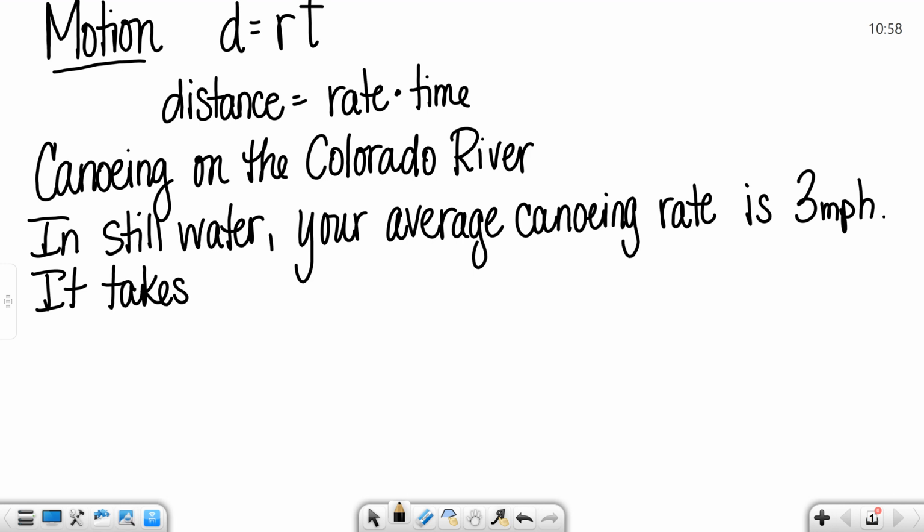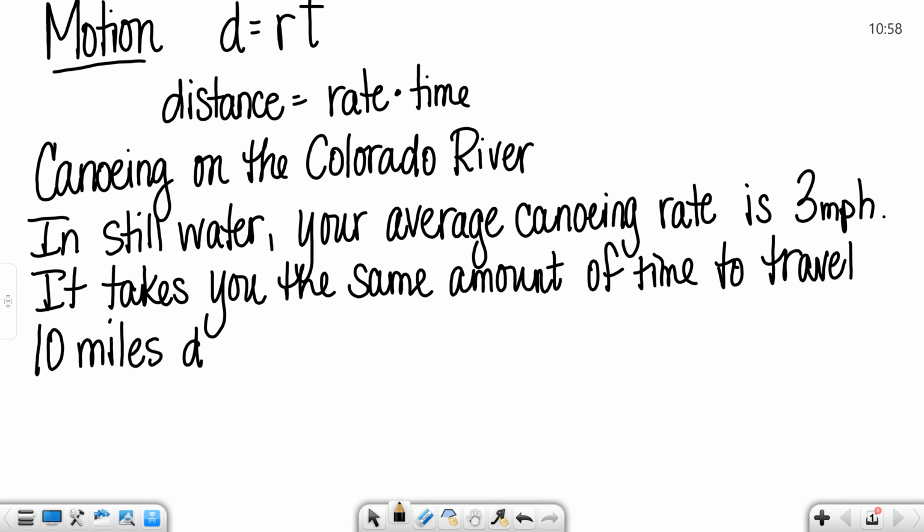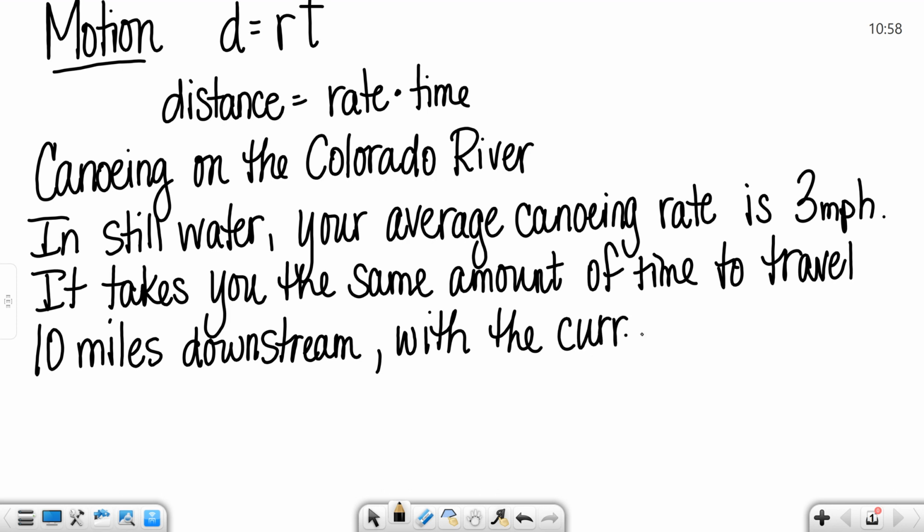It takes you the same amount of time to travel 10 miles downstream with the current, okay, now that's going to change things for us, as 2 miles upstream.